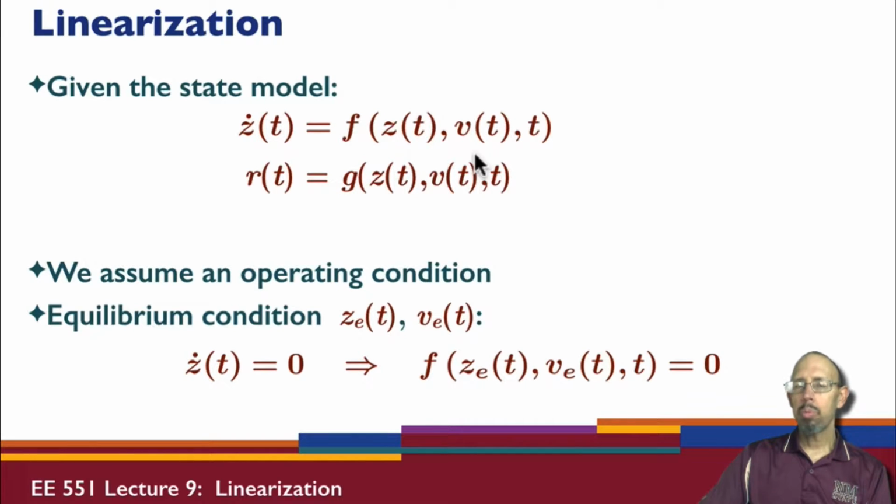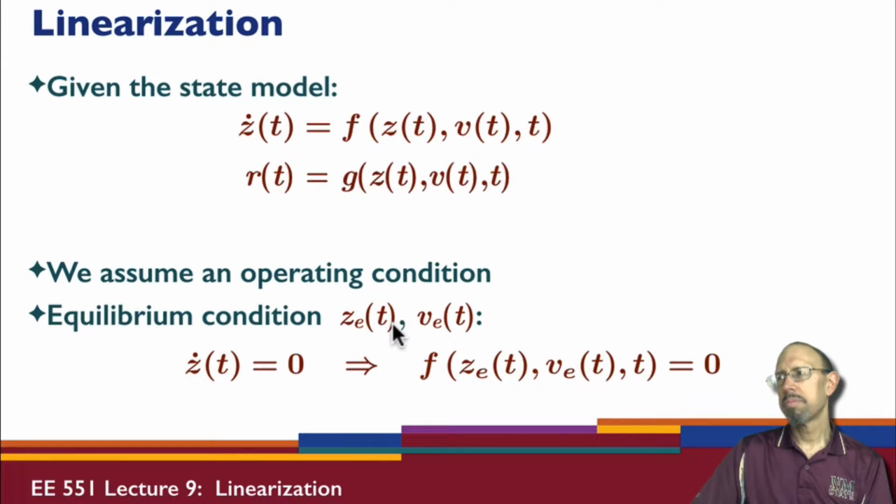Generally speaking, when we linearize a system, we are concerned with some kind of operating condition. The most common operating condition to work with for a system is what's called an equilibrium condition. An equilibrium condition is a condition where the system can basically be at rest.